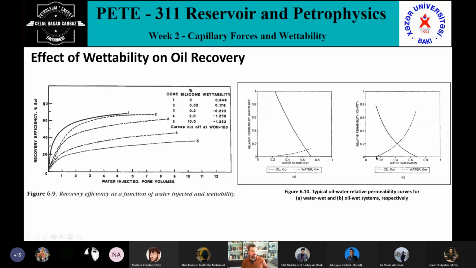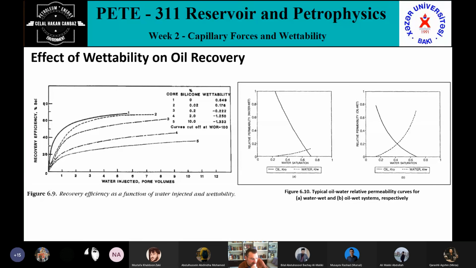Relative permeability is greater in water wet, compared with these two. Acceptable, but there is another thing that tells about the wettability.